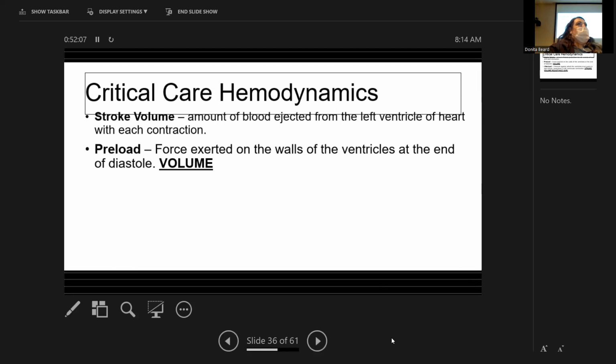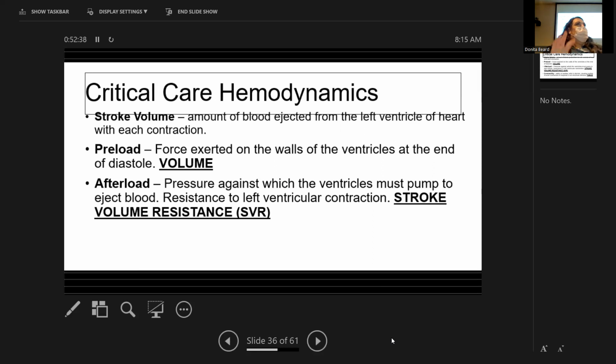That's where nitrates sometimes are helpful, and you'll see people put patients on a nitro drip. That causes dilation of the veins. When you have dilation of the venous system, you have less blood flow back to the heart, and so you decrease preload that way. And then to increase preload, usually you give them volume. And blood is actually the best volume expander of anything that we give.